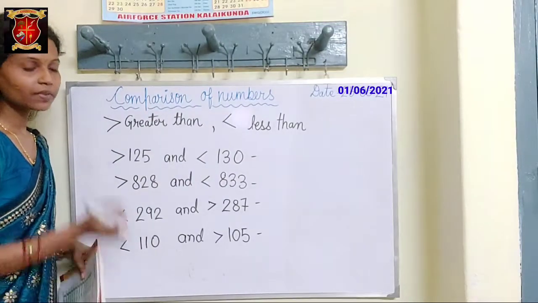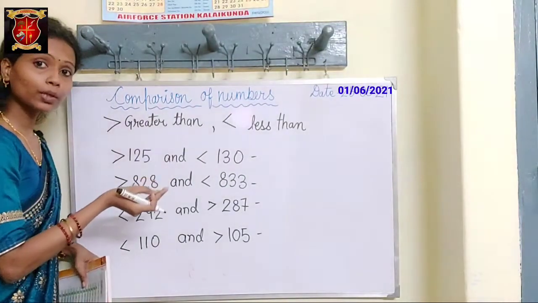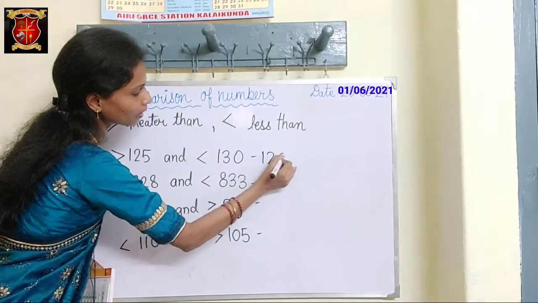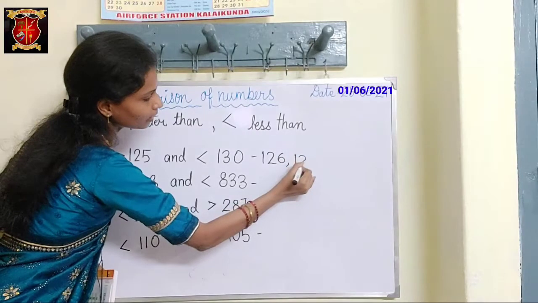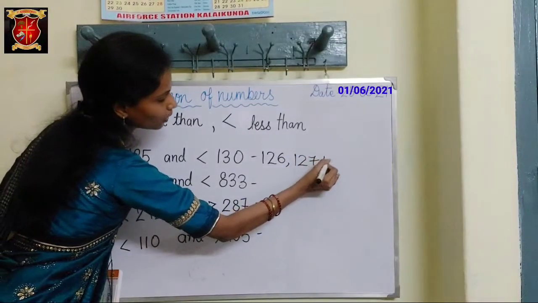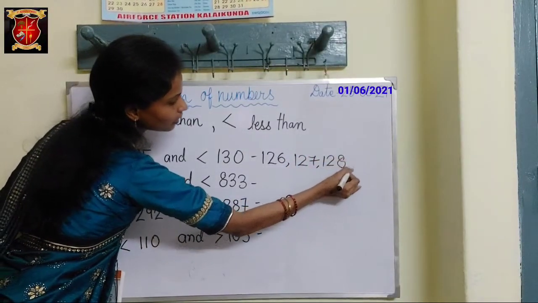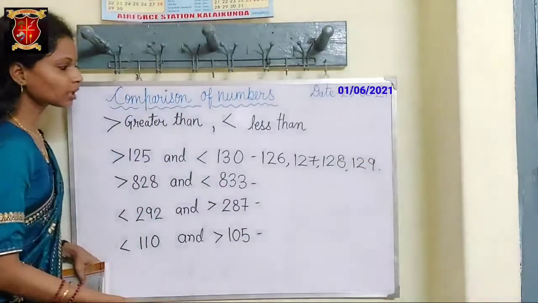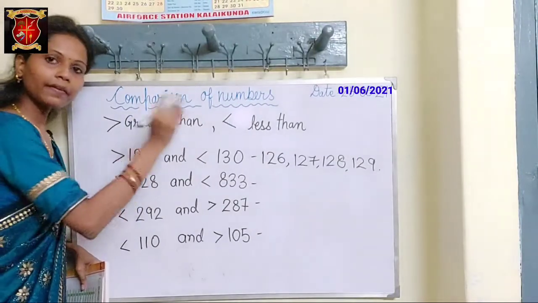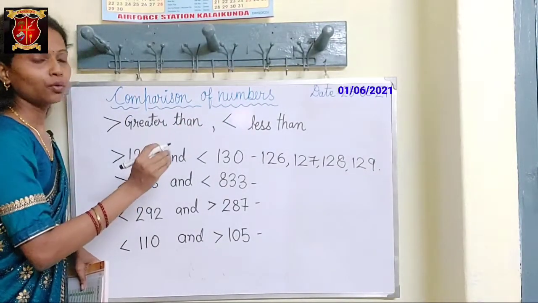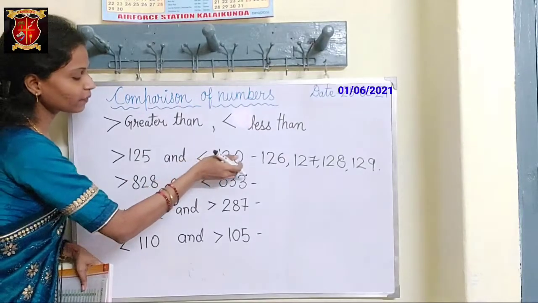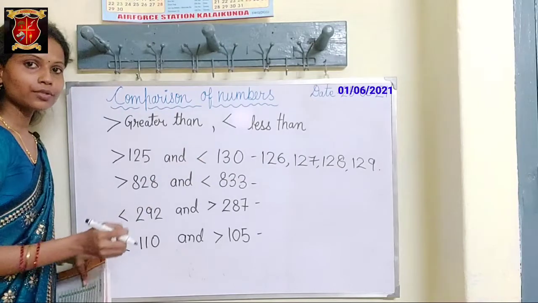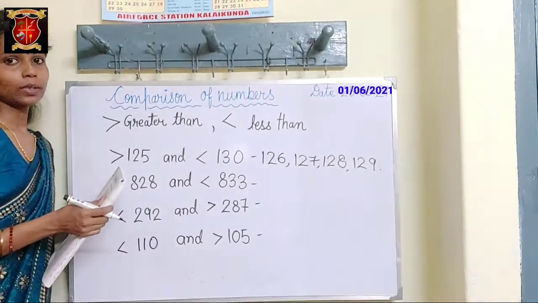So what numbers can we write which are more than 125? After 125, 126, 127, 128, 129. So after 129 what comes? 130. Can we write the number 131? No, because the question is asking us to write numbers less than 130. Understood?